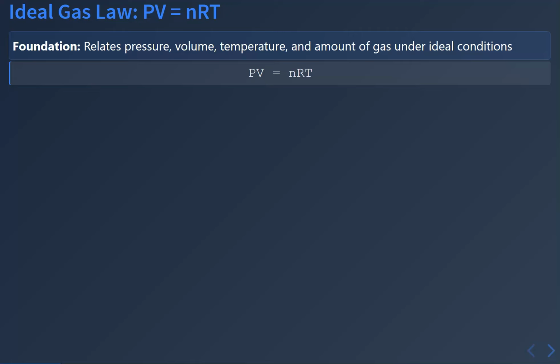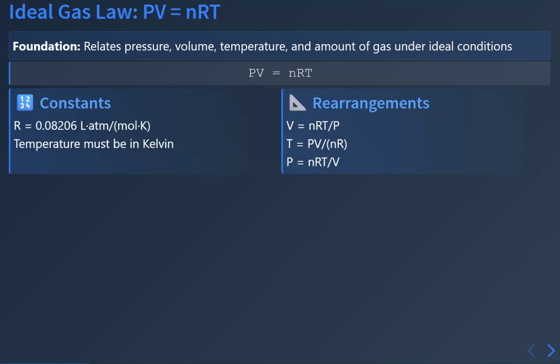Now first, ideal gas law. We know that ideal gas law is nothing but PV is equal to nRT. So here we can rearrange that ideal gas law: V is equal to nRT by P, and T is equal to PV by nR, and P is equal to nRT by V. Here R is in liter atmosphere per mole Kelvin.